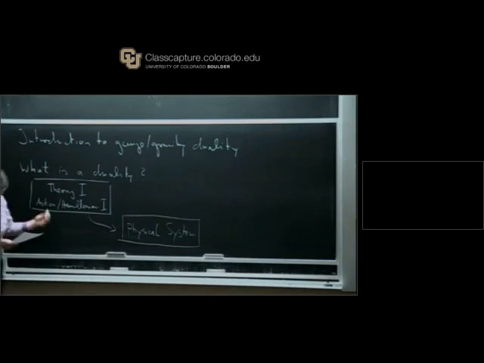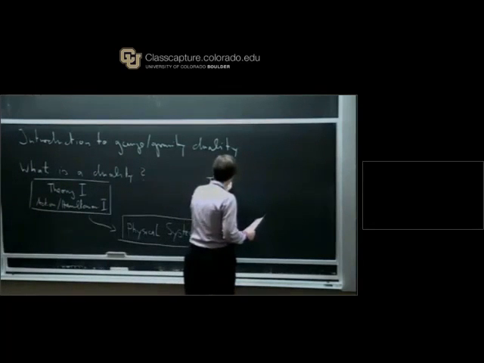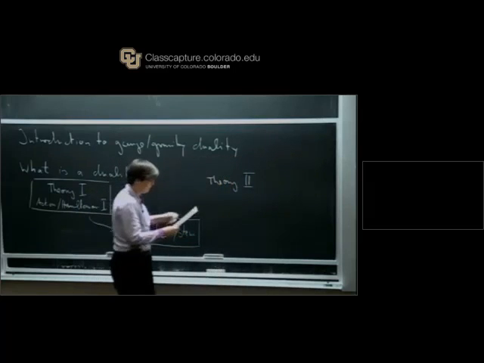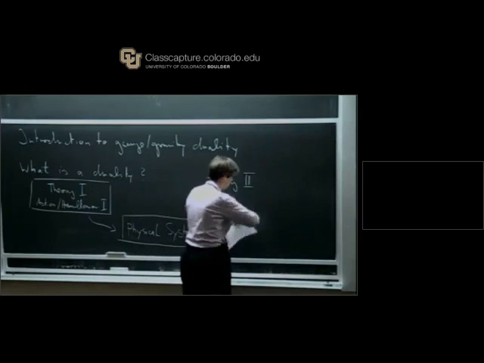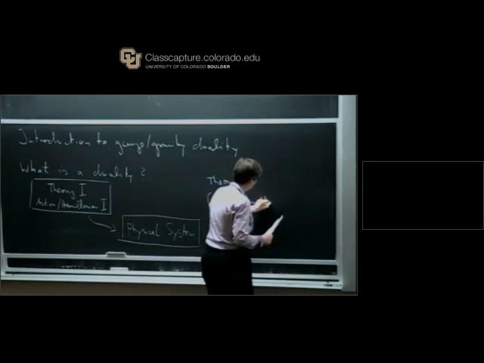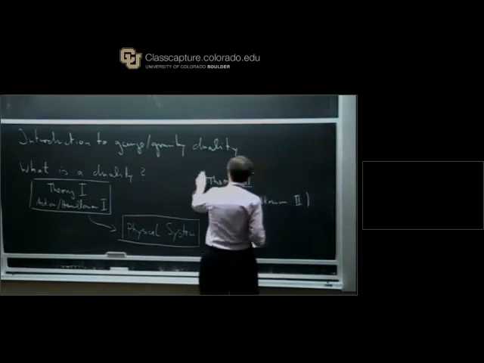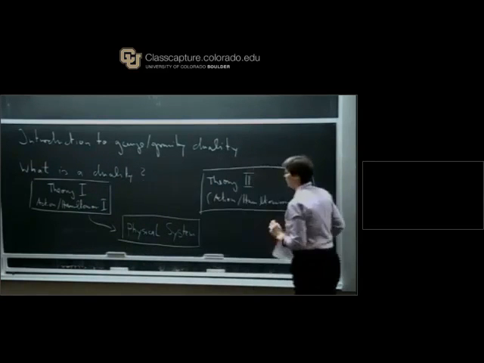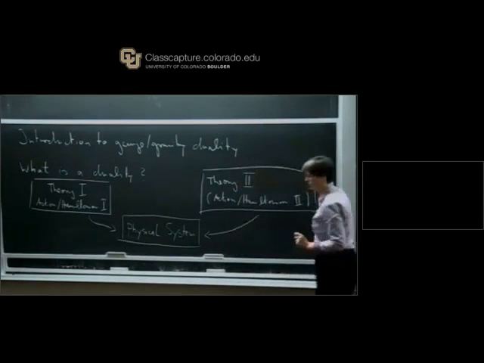Then consider the case that there's a different action or Hamiltonian, which is a theory 2, which might be made out of completely different degrees of freedom, and which is given by a different action or Hamiltonian. And you discover that this theory, although it's made of completely different degrees of freedom, also describes the same physical system.